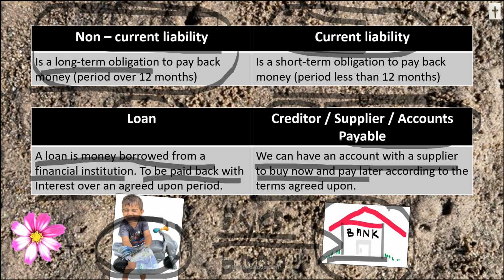The period is going to be longer than 12 months. A current liability, we need to pay back what we owe within the 12 months to a supplier or a creditor, however you would like to call someone that we bought from on credit.